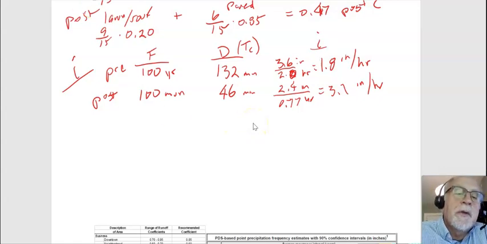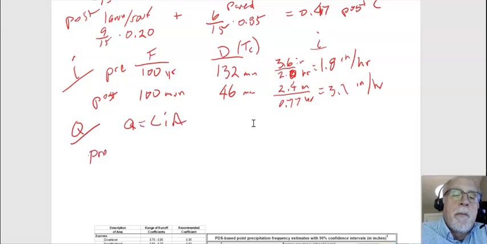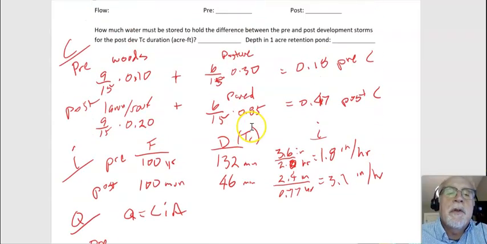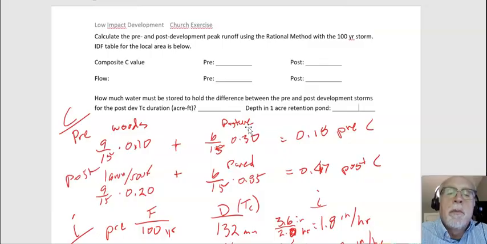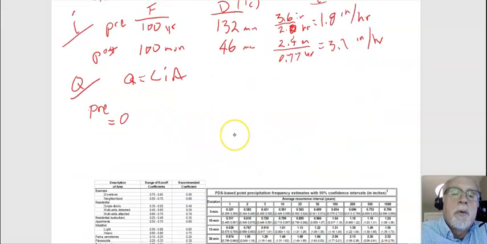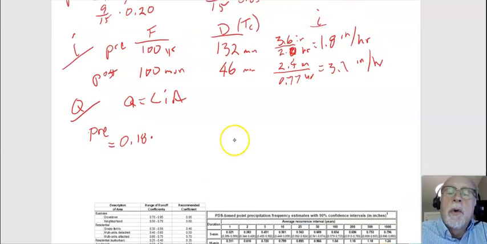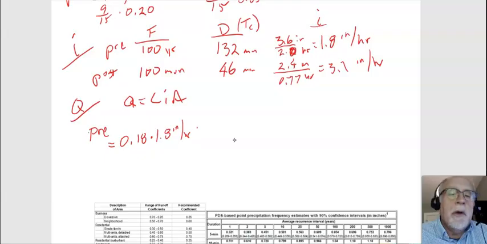So what we're looking for is the Q. Q equals CIA. For the pre, our C was 0.18, and our post was 0.47. So 0.18 times 1.8 inches per hour times the area, which is right at 31 acres, the whole site.